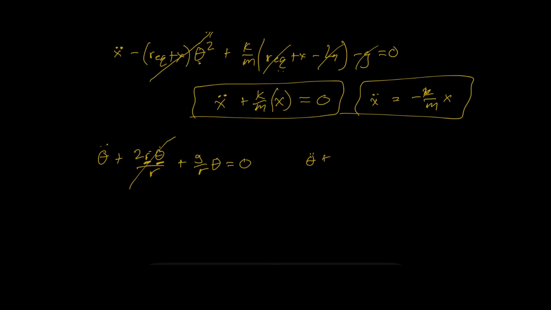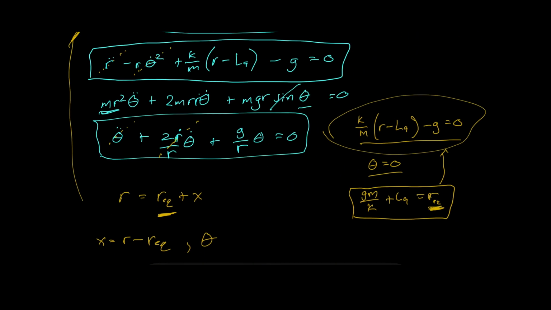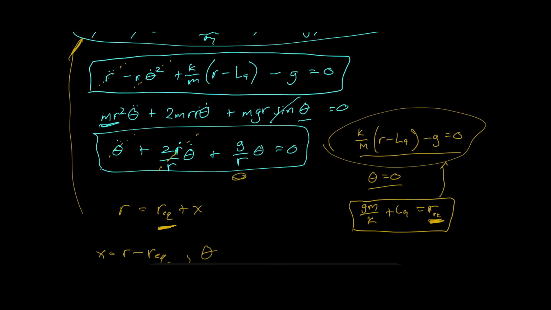This is our estimation, 0, for very small oscillations. g over r theta equals 0. And then this r is our r in our equilibrium. So we're replacing the r in this equation with r equilibrium.